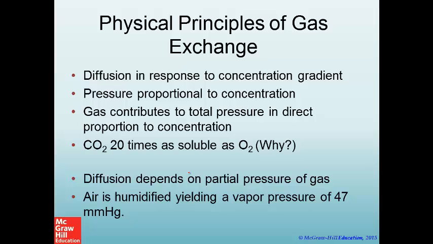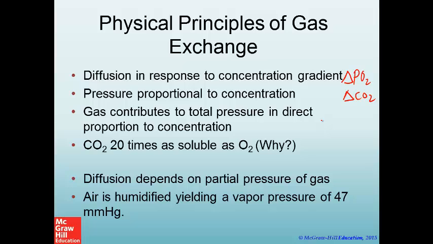And the primary driver of this is going to be the concentration gradient, or the gradient of either oxygen or CO2. As I said before, pressure is going to be proportional to concentration. So instead of using a concentration like milligrams per deciliter or millimoles, we're using partial pressure because they're proportional.